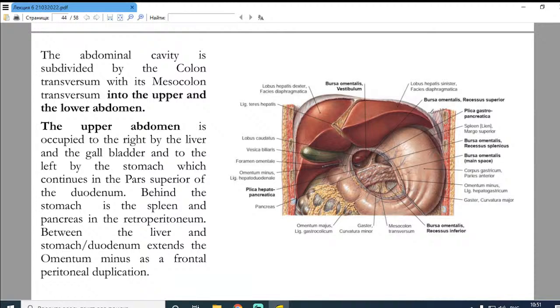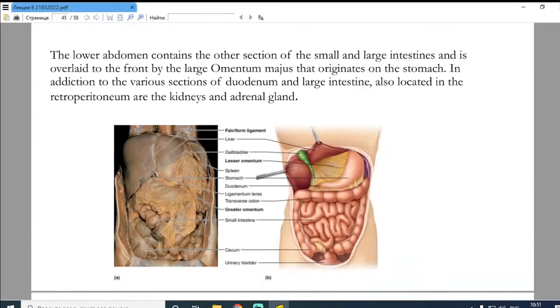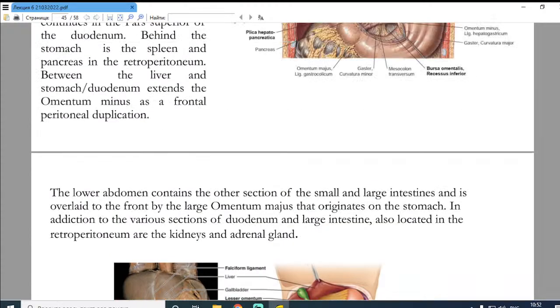The abdominal cavity is subdivided by the colon transversum with its mesocolon transversum into the upper and lower abdomen. This is the upper abdomen, this is the lower abdomen.